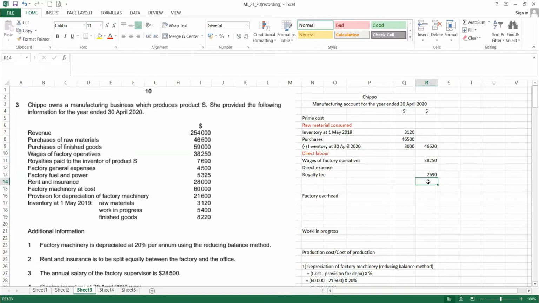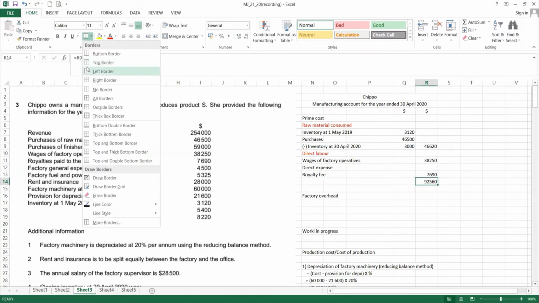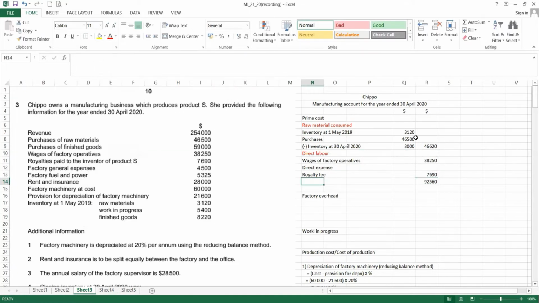So these three direct costs we add, and don't forget in your amount, put in prime cost. This term must be there. Must put in prime cost total how much. Okay, that is about the format for the manufacturing account.